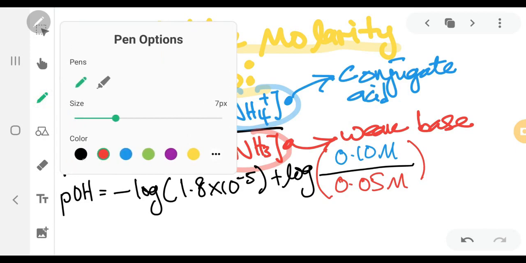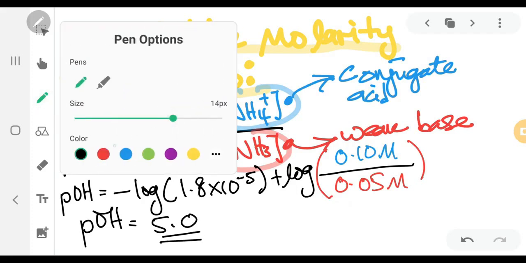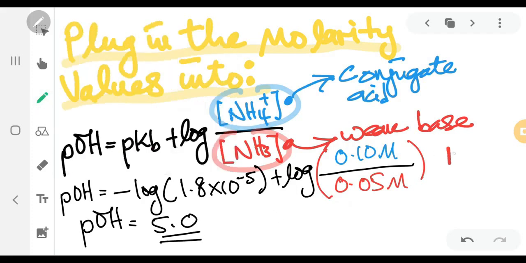You solve this and you get the value of pOH equals 5.0. You get 1 mark for using the Henderson-Hasselbalch equation, and another 1 mark for getting the value of pOH. We have found the value of pOH, but the question wants us to find pH.